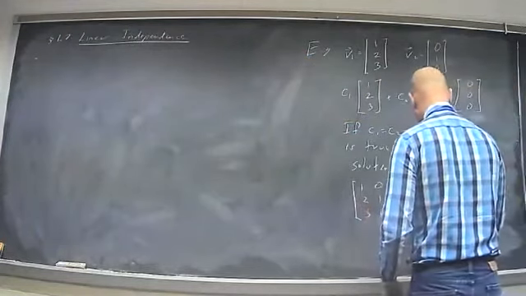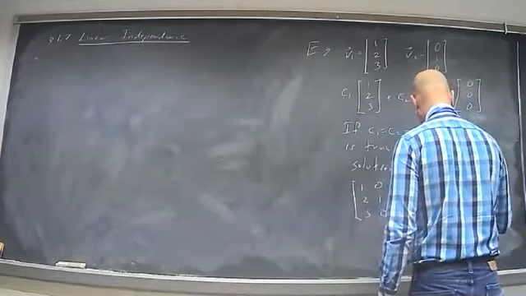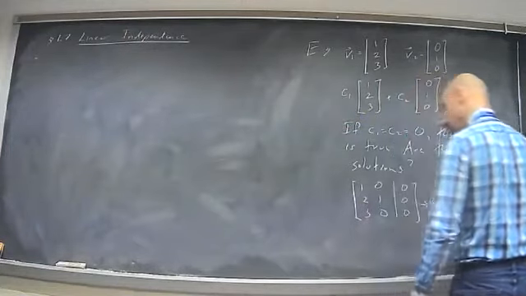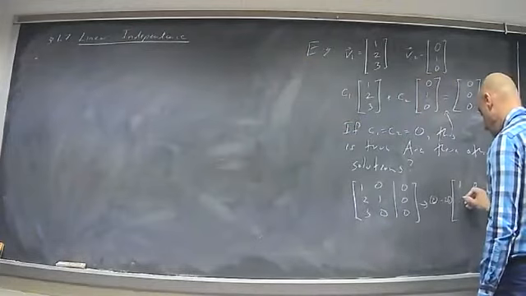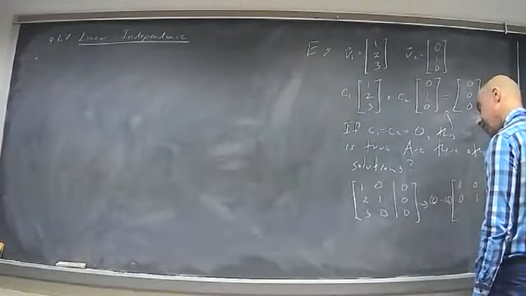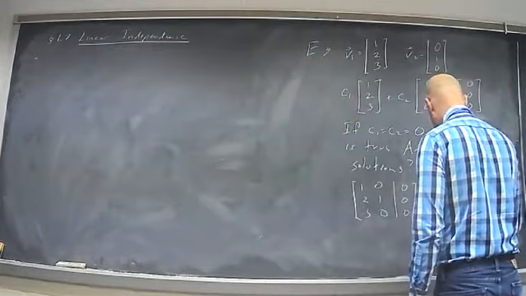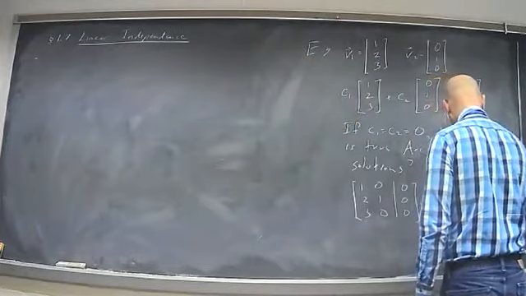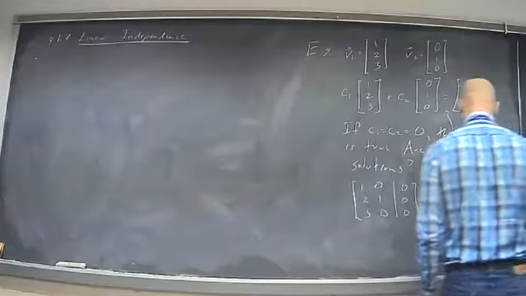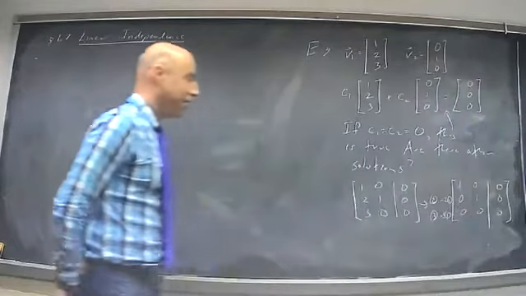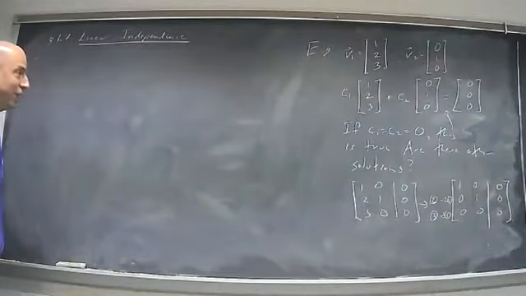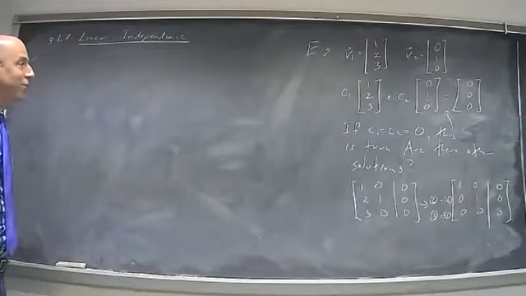I'll take row 2 and subtract off 2 times row 1, leaving me with 0, 1, 0. I'll take row 3 and subtract off 3 times row 1, leaving me with 0, 0, 0. That wasn't very hard. I happen to pick nice vectors. Picking v2 equals 0, 1, 0 really helped.